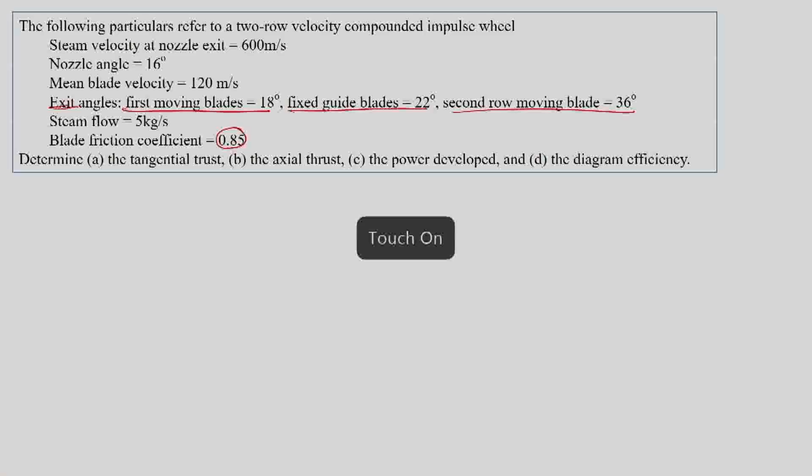We are having relative velocity which will be felt by the moving blades at the inlet, so due to the friction factor we reduce the relative velocity at the outlet. Similarly, in case of fixed blade we have to reduce the absolute velocity at the outlet from the reference inlet. So determine tangential thrust, axial thrust, power developed and diagram efficiency.